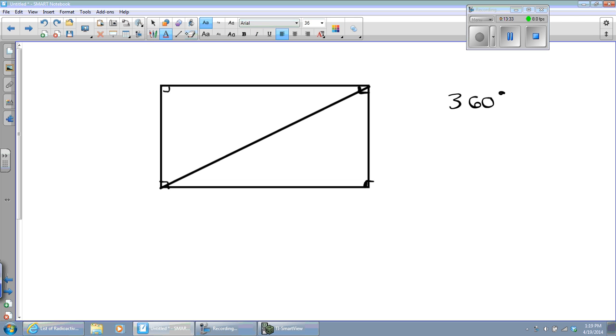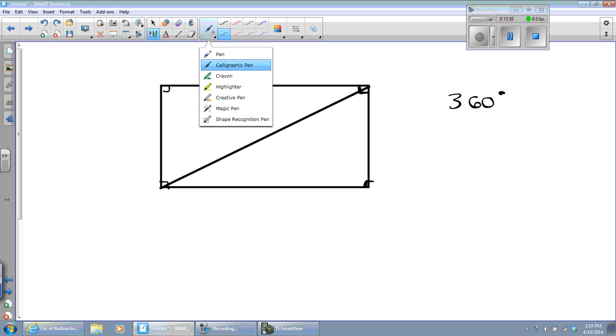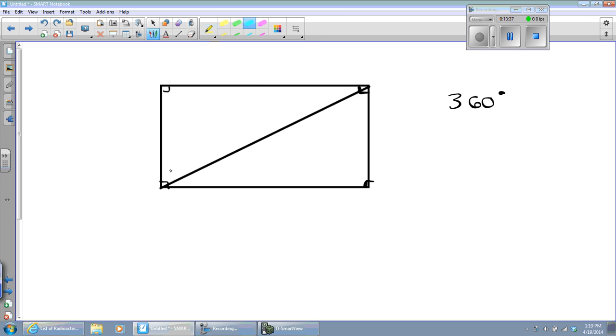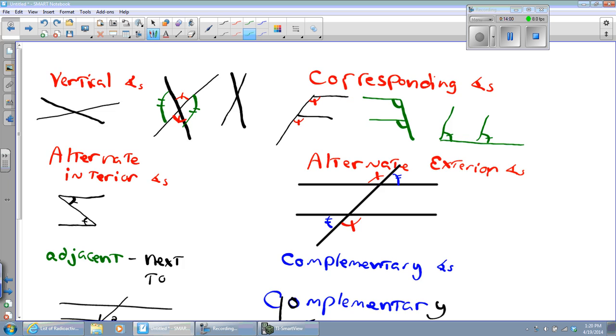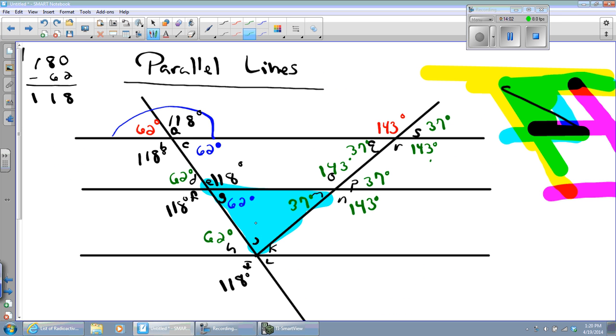Well, if I'm talking about a triangle, I'm talking about half of that. Well, half of 360 is 180 degrees. So if I go back to my picture, I have 180 degrees here.